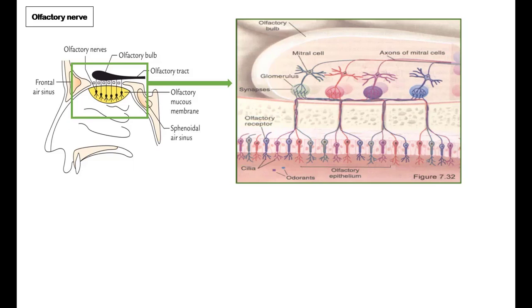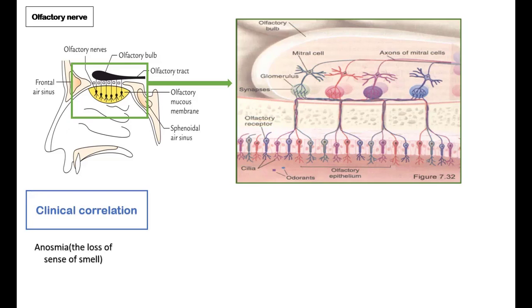This provides a potential communication between the subarachnoid space and lymphatics of the nasal mucosa. So infection from the nose can spread into the meninges of the brain. And clinical correlation: what is anosmia?